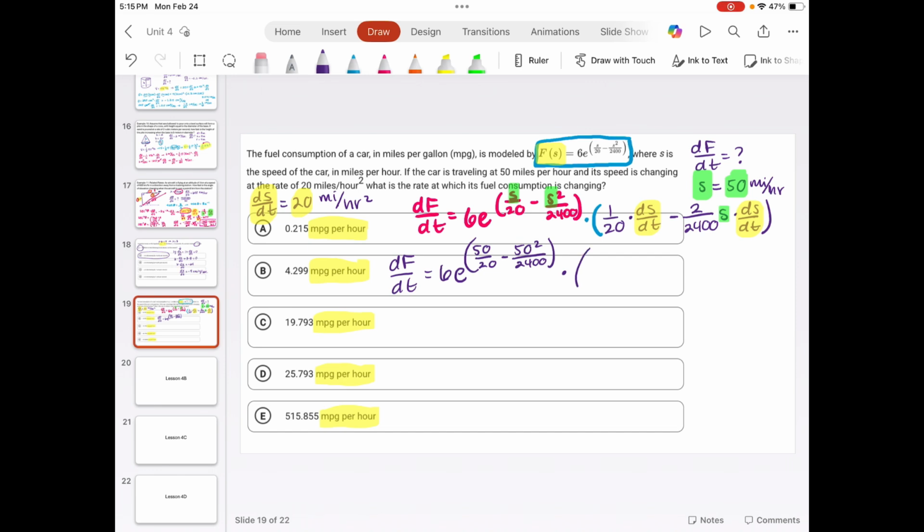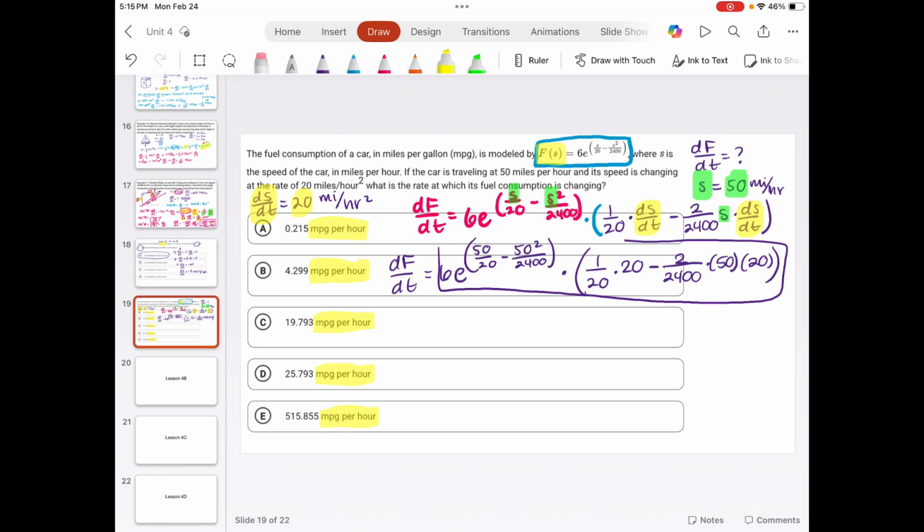And then I'm going to multiply that by 1 over 20 times ds/dt, which is 20, minus 2 over 2400 times s, which is 50, times ds/dt, which is 20. And then I'm going to take this whole entire piece right here and type it into Desmos, and my solution should be one of these answer choices down here.